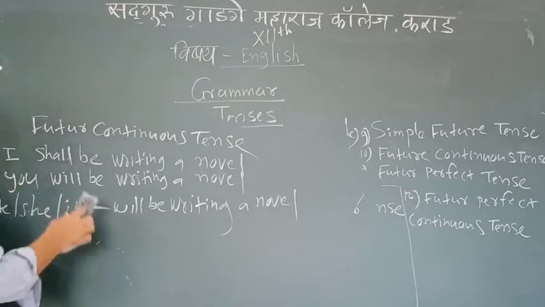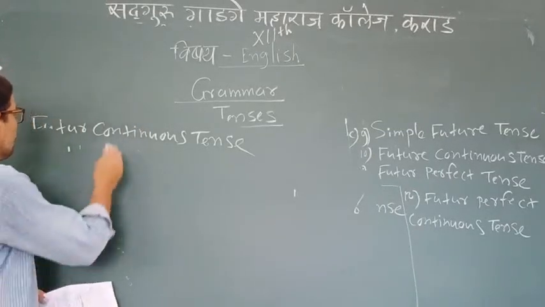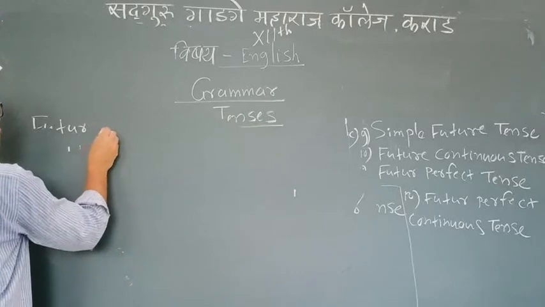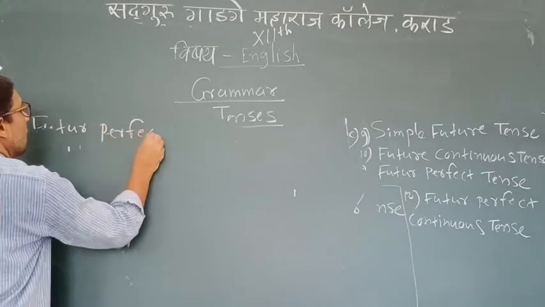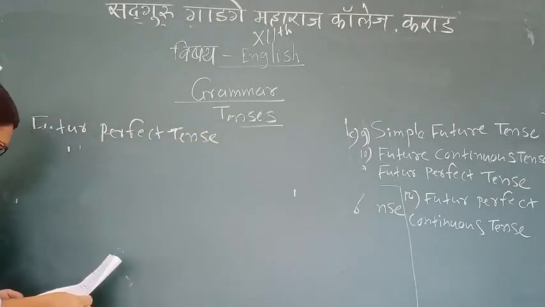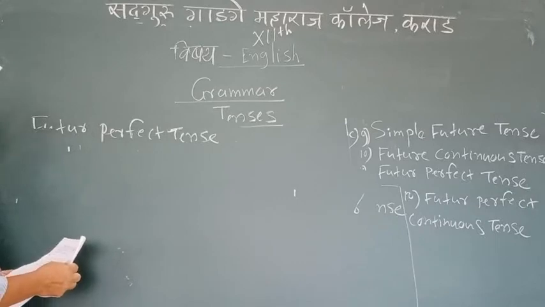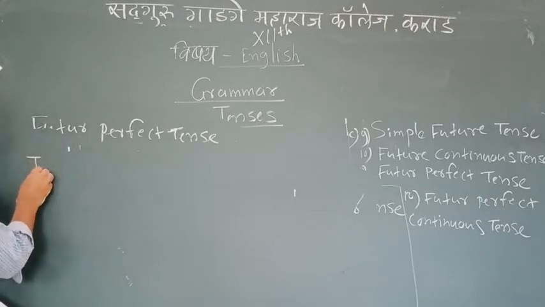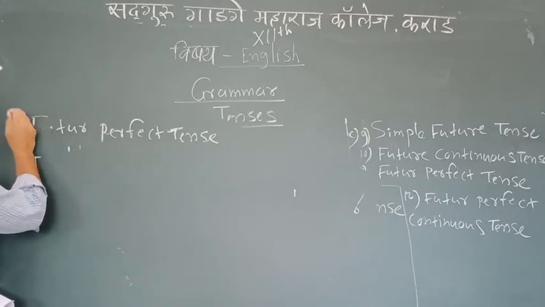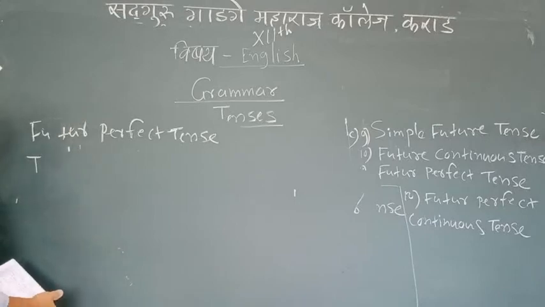Then next, future perfect tense. If you take future perfect as the first sentence, suppose you use I as a subject.